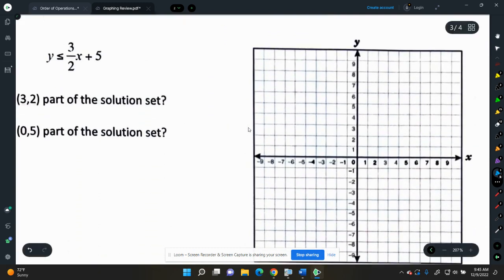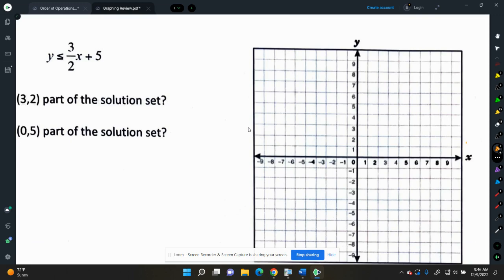Here's another one. Graph the inequality. Kayla, what do I do? This is one I forgot to do. Well, that's okay. You can look at it and tell me what to do. How do I graph the line y equals 3 halves x plus 5?